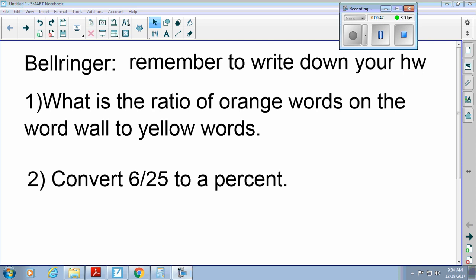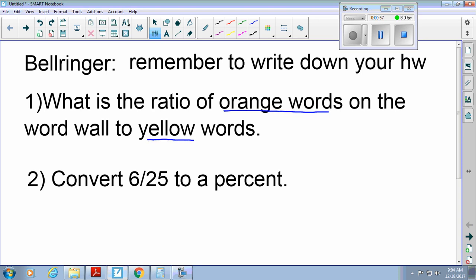Remember to write down your homework. So we talked about that. It says, what is the ratio of orange words on the word wall to yellow words? So that's pretty hard for you viewers at home to see, but how many orange words compared to yellow words? So what would our first term of our ratio be?